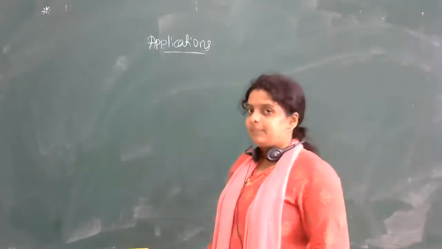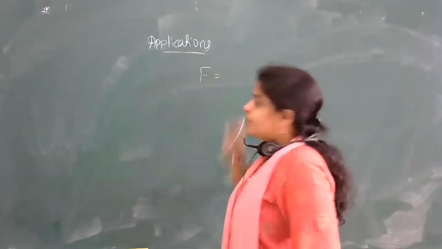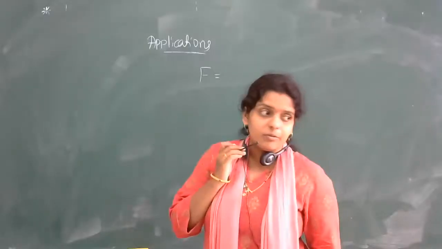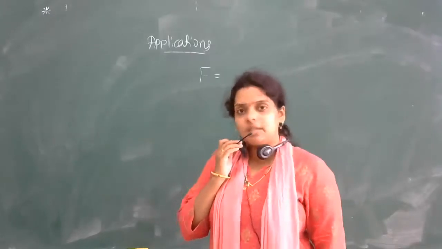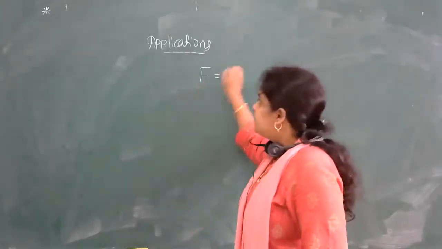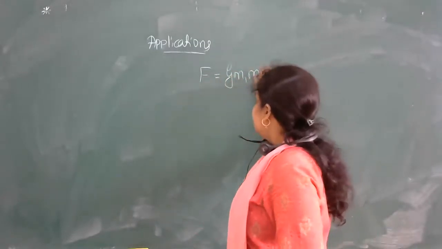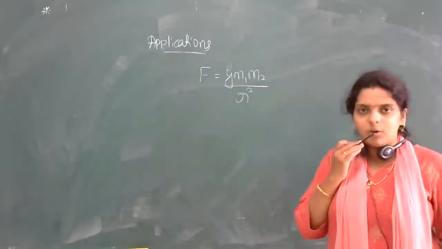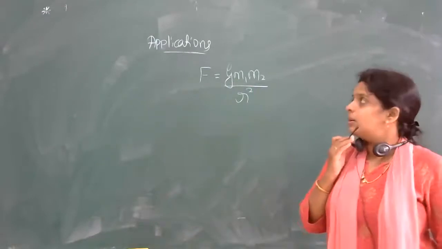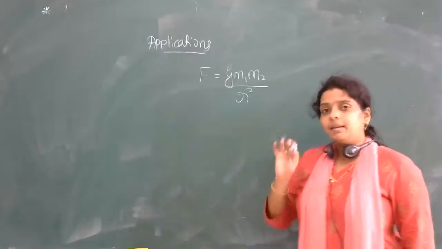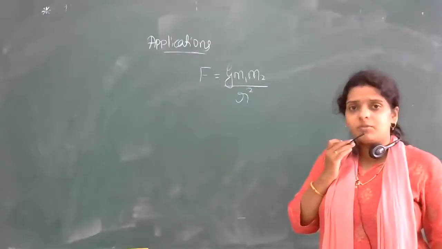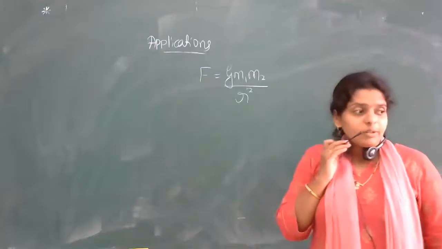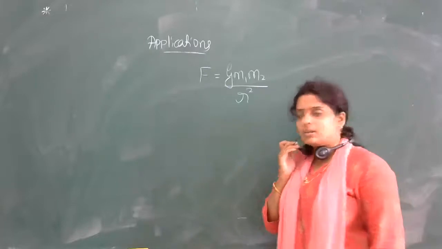For example, in the last class I gave you homework to calculate the dimensional formula of the physical constant G. Here I'll write the equation F is equal to G m1 m2 divided by r square. This is the gravitational formula, correct? By writing the dimension formula of other quantities, you can calculate the dimension formula of a given physical constant.